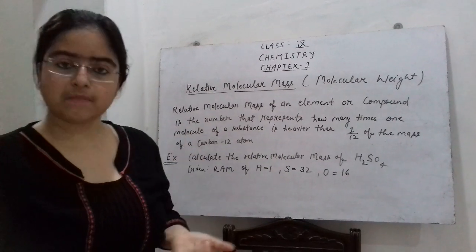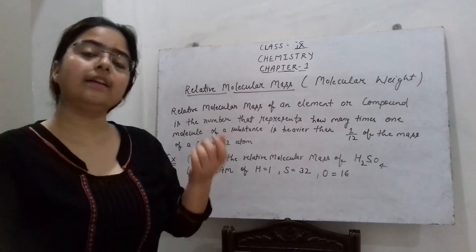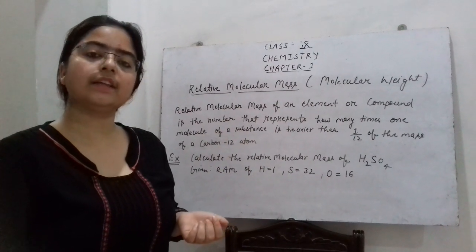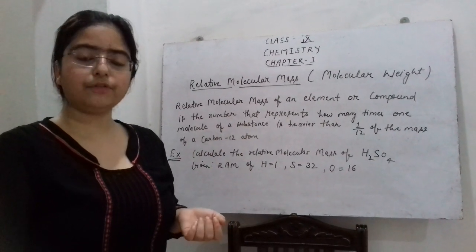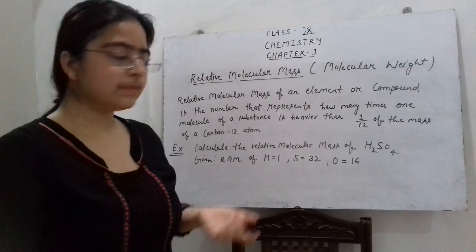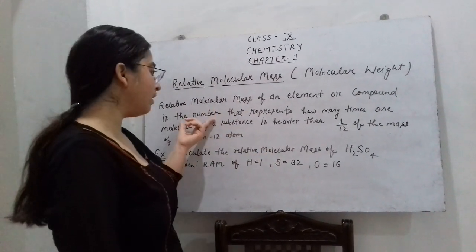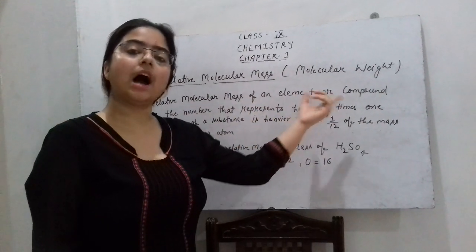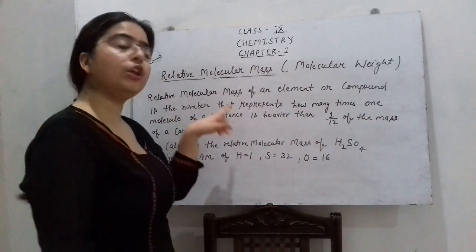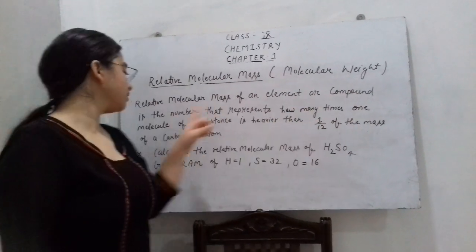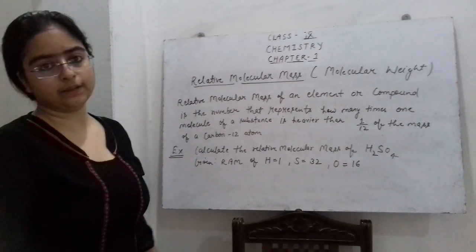In relative atomic mass, it was the number of times one atom of an element is heavier than 1/12 of the mass of a carbon 12 atom. But the relative molecular mass is the number that represents how many times one molecule of a substance is heavier than 1/12 of the mass of a carbon 12 atom.